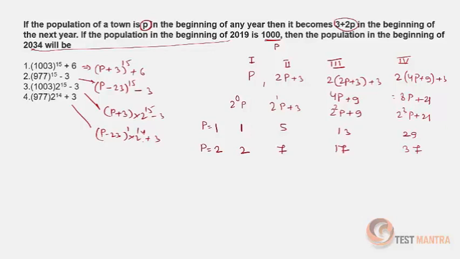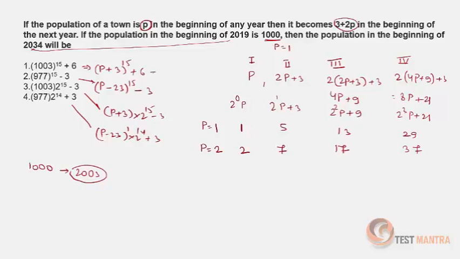So now according to this, if this is 1000 on the first year, then next year it is supposed to be nothing but 2003, right? So I have to find out a pattern. Instead of 1000, suppose I keep the value of p as 1.